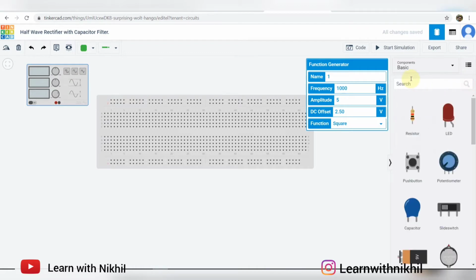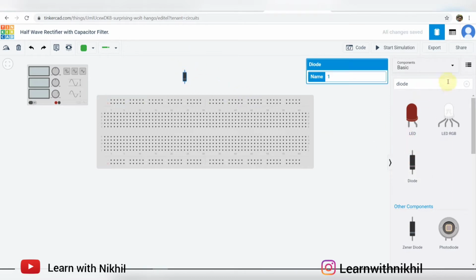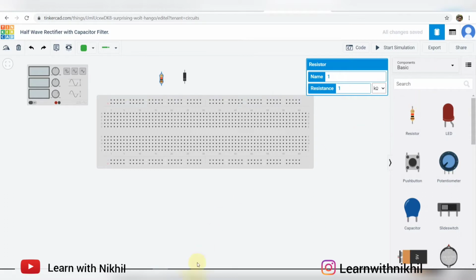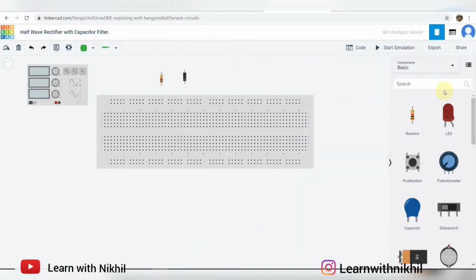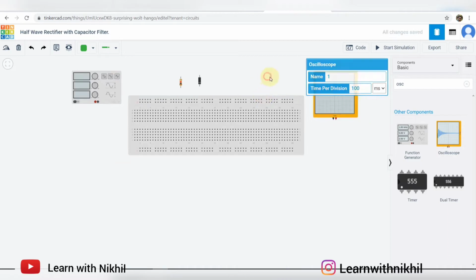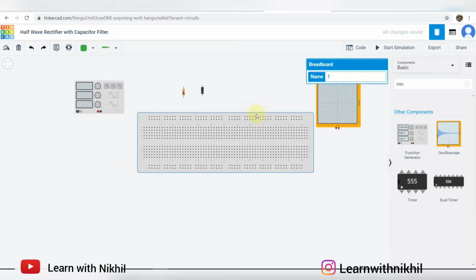We'll require a diode, a resistor, and to measure the output, a CRO, or I'll call it an oscilloscope. So this is for the output. Only these components are required.